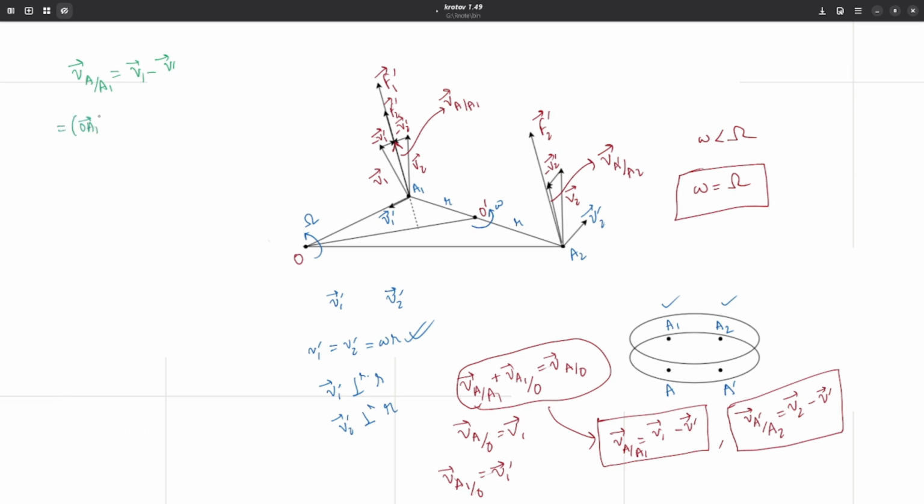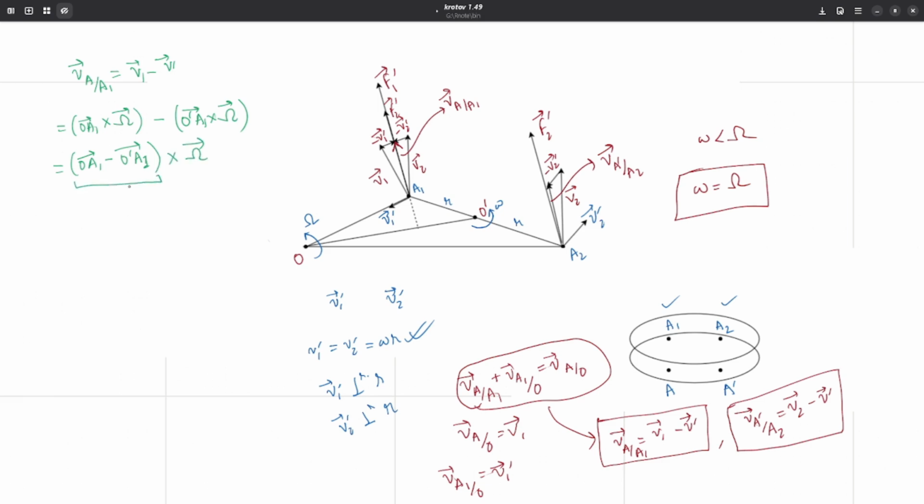OA1 cross capital Omega minus O prime A1 cross capital Omega. Now we can further write it as OA1 minus O prime A1 cross capital Omega.